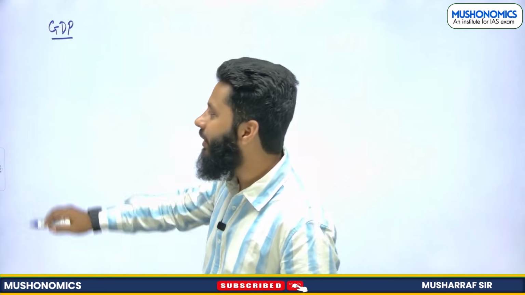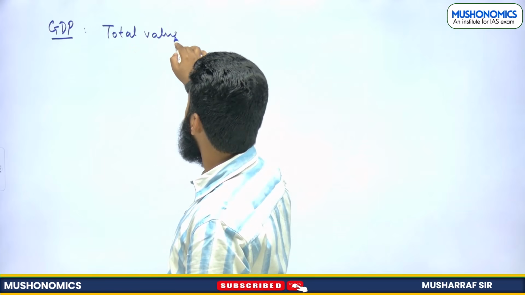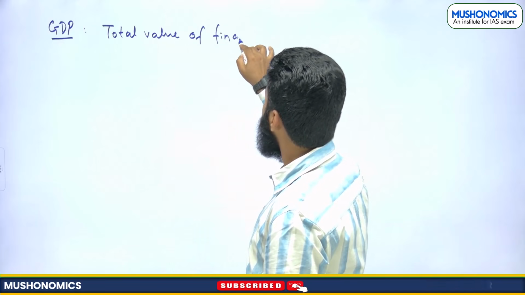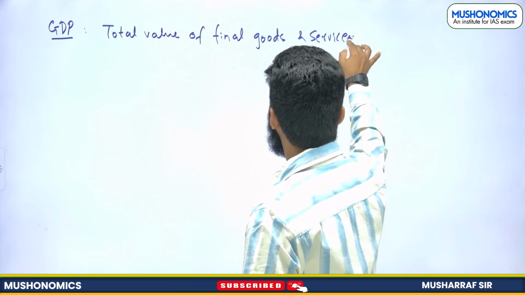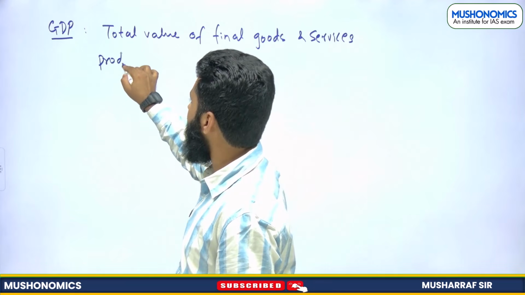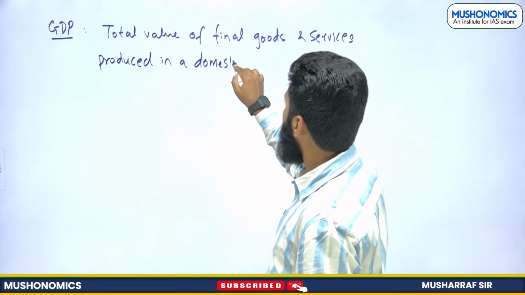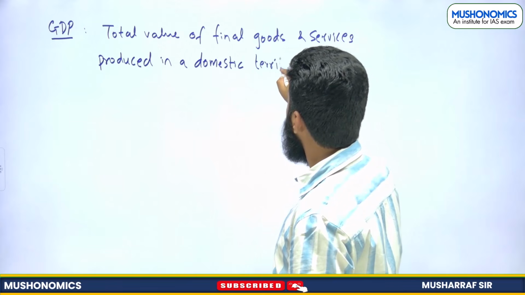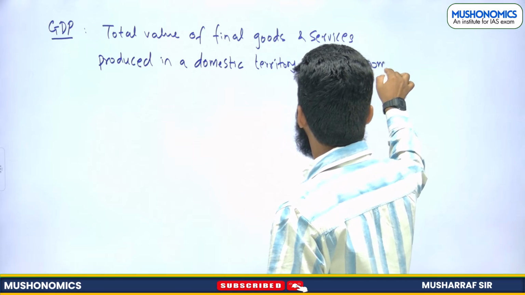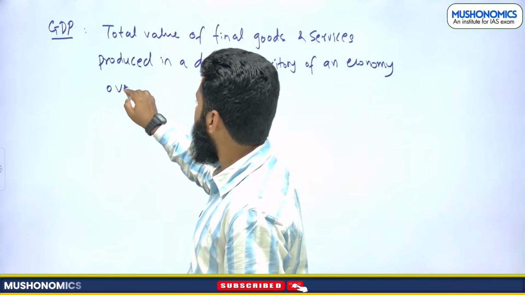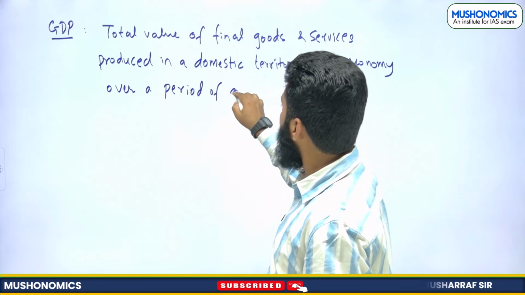I hope you can recall the definition that we have discussed: the total value of final goods and services produced in a domestic territory of an economy, over a period of a financial year.